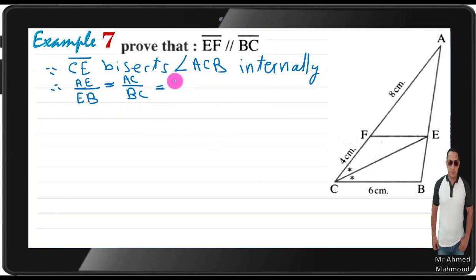So it is equal to 12 over 6 equals 2. So AE equals double EB. This is 2 and this is 1.